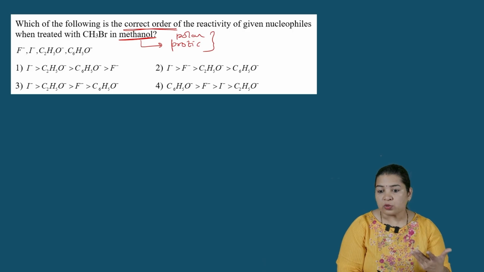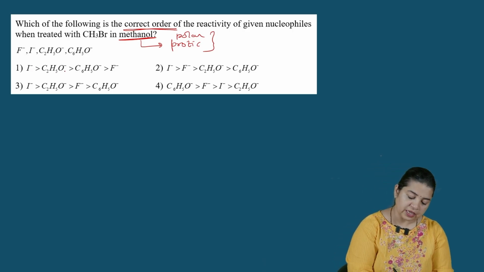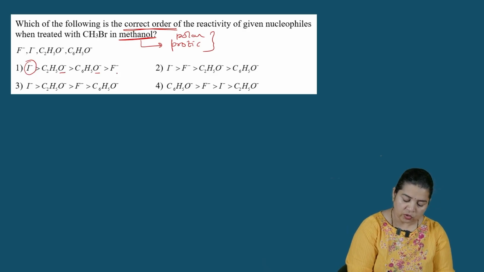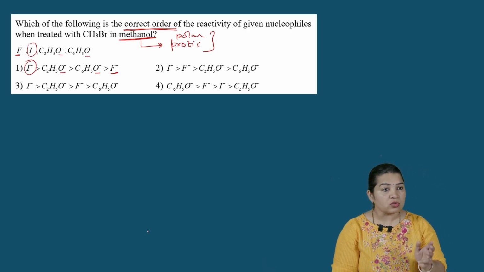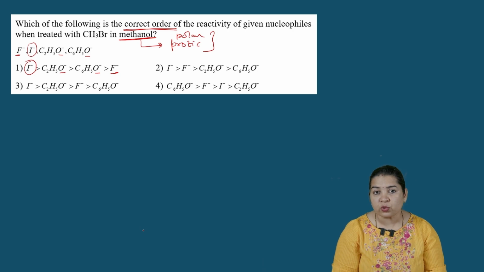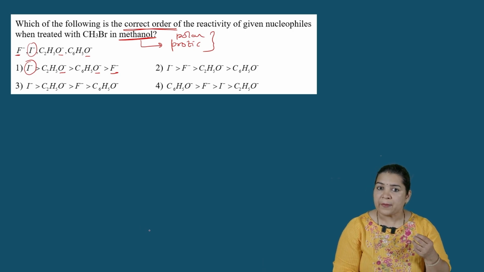Now coming to how to decide. Except for iodine, oxygen, oxygen and fluorine, these three nucleophiles have the donor atom from the same period.